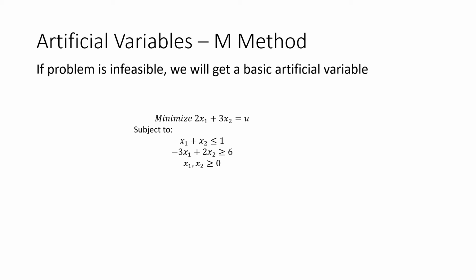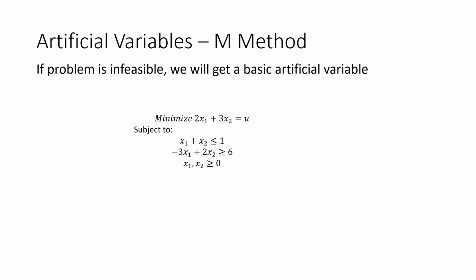When you get your answer, your artificial variables become non-basic. If at the end of your pivots you still have an artificial variable that is basic, that means there is no solution.